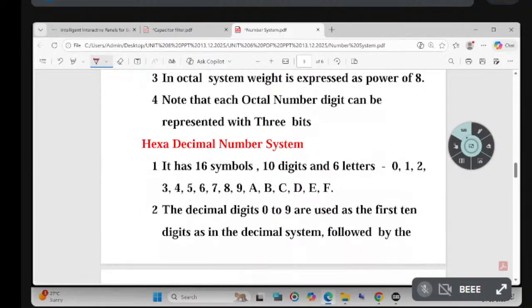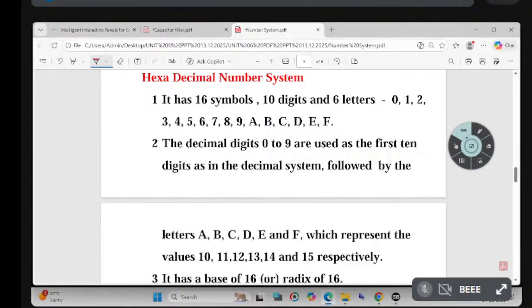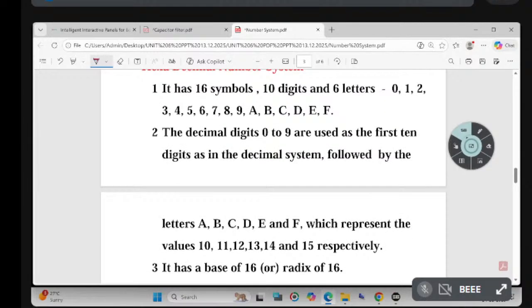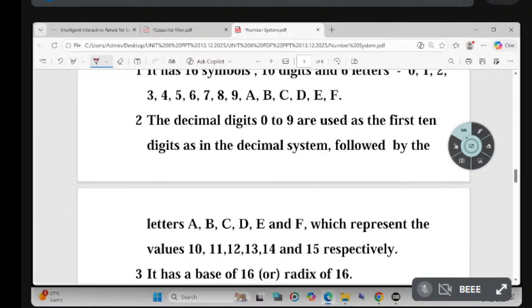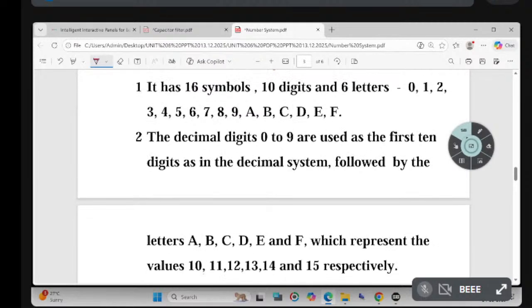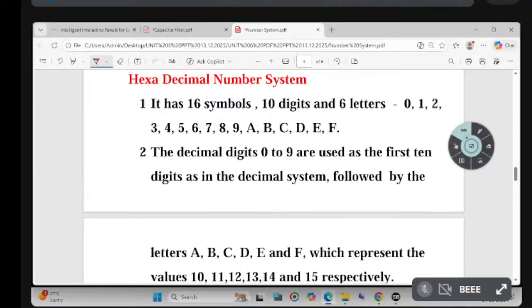Go for hexa. It has 16 symbols, 0 to F. Hexa.